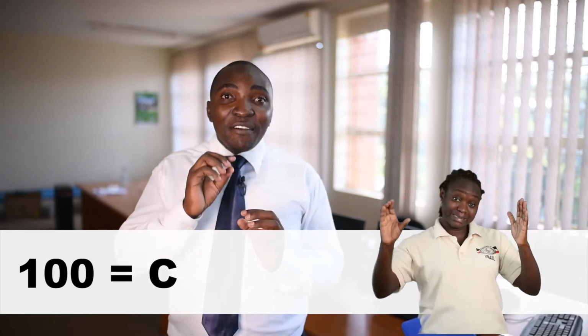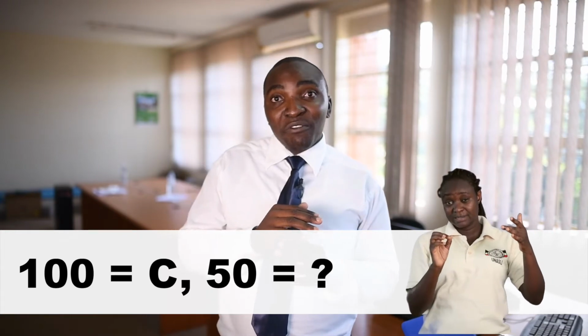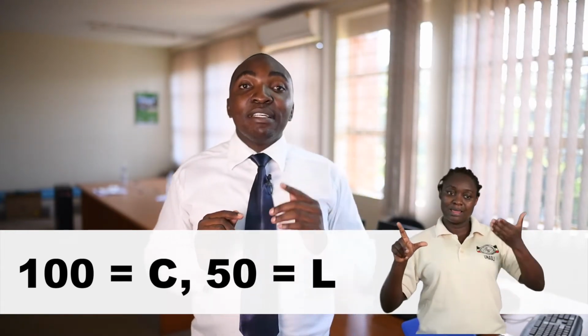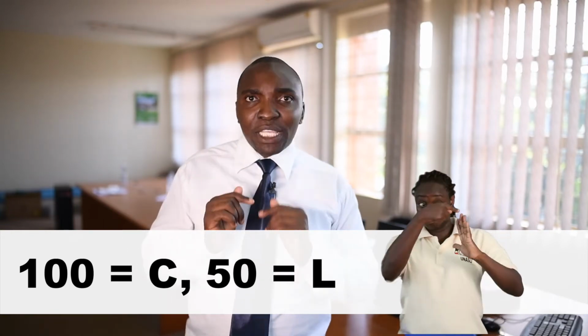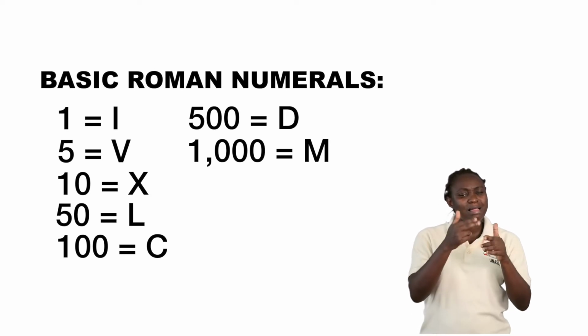You then have 50. The numeral for 50 is L. And then we have 6. Remember, 6 is not a basic numeral. But we have something that is close to 6. What's that? Yes, it's 5.